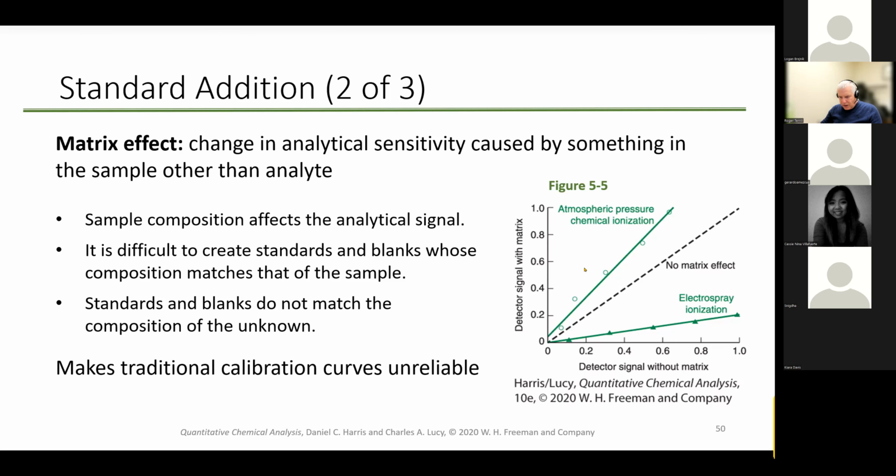you can measure detector signal in a matrix, by ESI and by APCI. These are different mass spec methods. You can show that if you add the matrix in here and plot the detector signal with the matrix versus the detector signal without the matrix, in some cases the matrix enhances the signal, and in some cases the matrix depresses the signal.